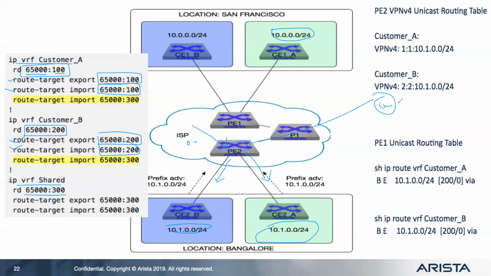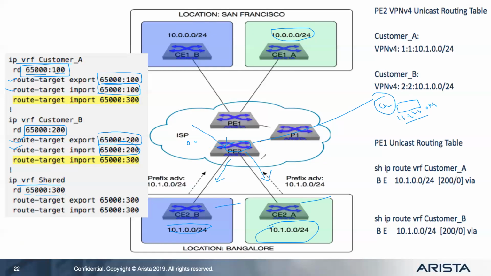So this site's reachability you need to have at both customers, let's say 11.11.0.0/24. So you need to receive this route at both customers.